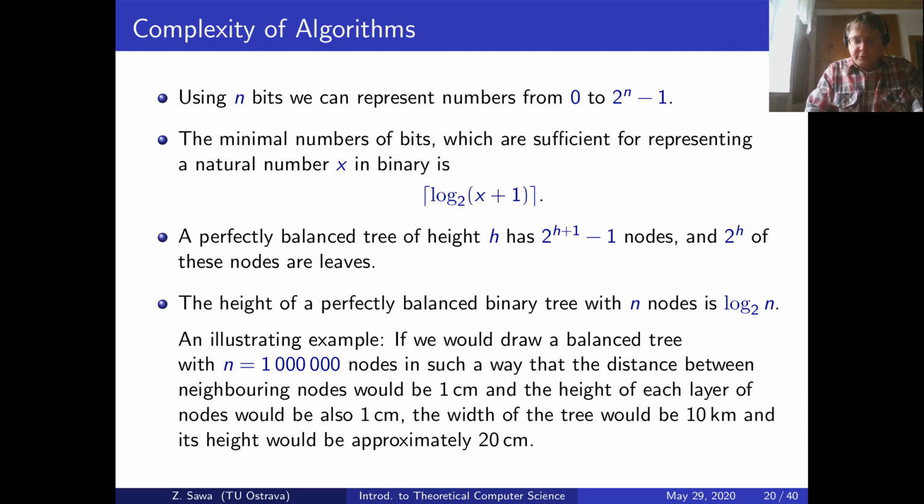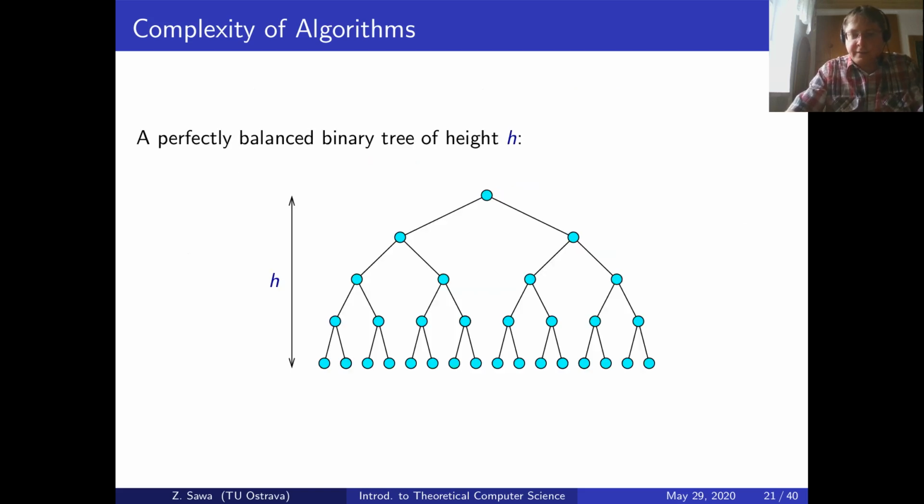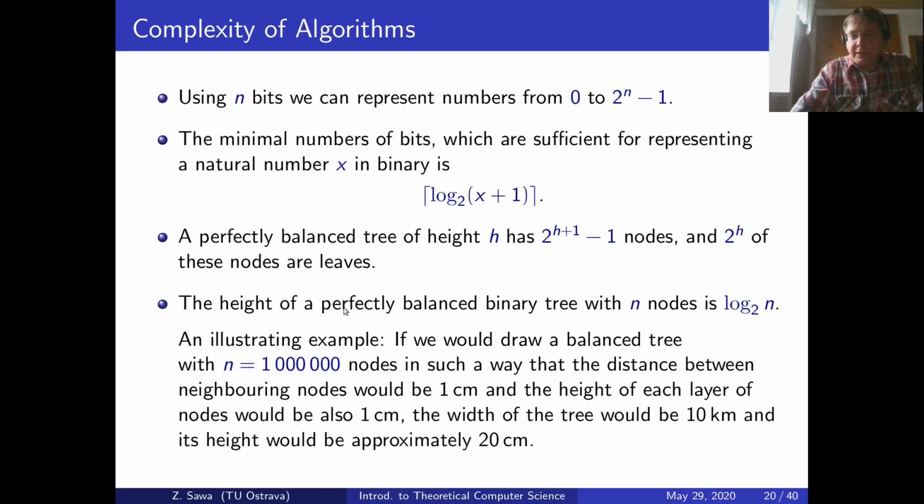But if we would draw it in such a way that the height of each layer would be just 1 centimeter, the height would be just 20 centimeters.